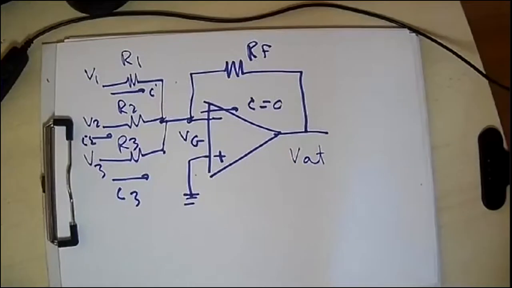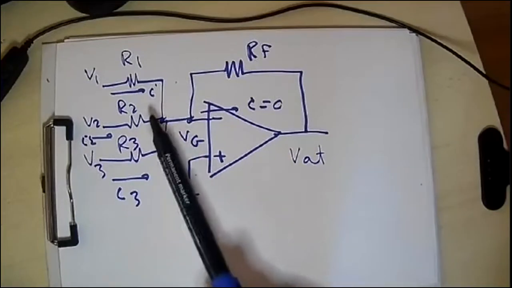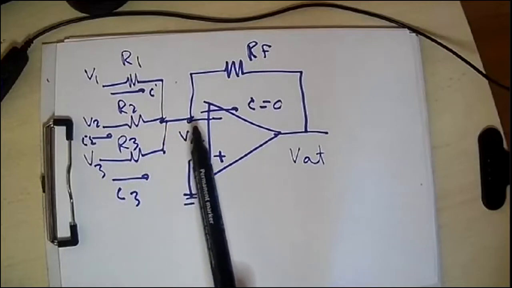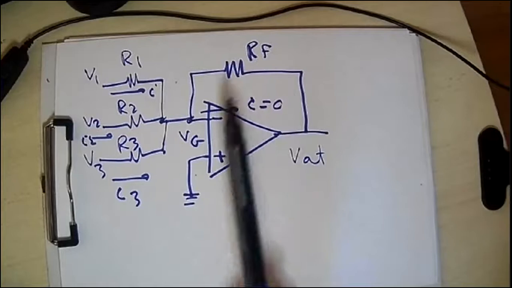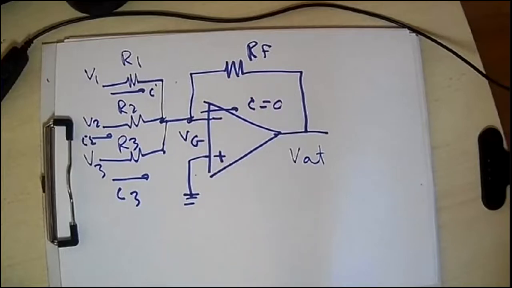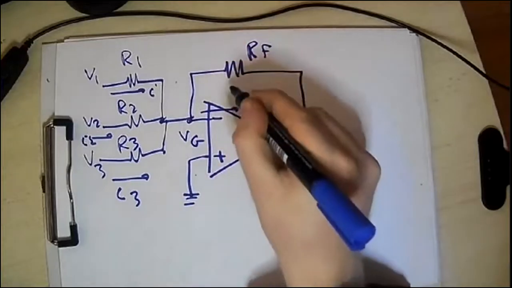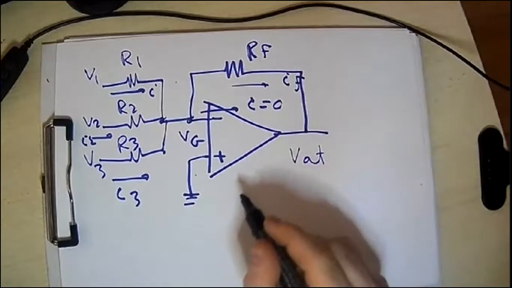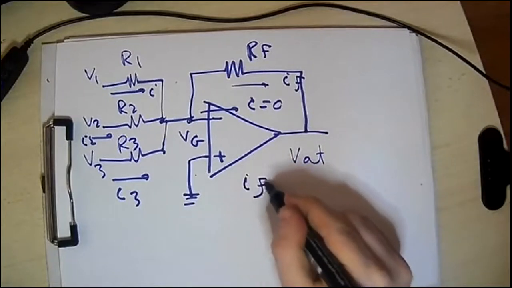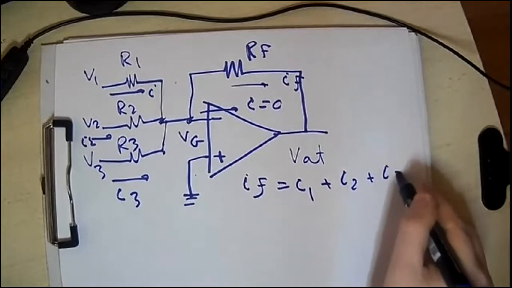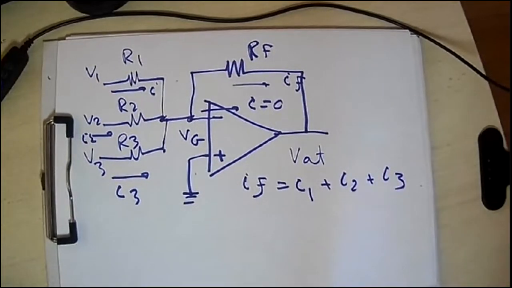So at this point, all these three currents will be added and will directly flow here in RF because no current is flowing inside the operational amplifier. So if I call this IF, for example, that automatically means that IF equals I1 plus I2 plus I3. As you can see, it's straightforward.